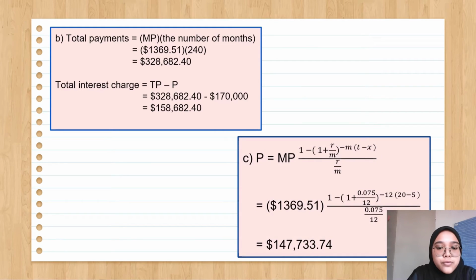And then we move to the next question. We want to find the principal remaining after 5 years.